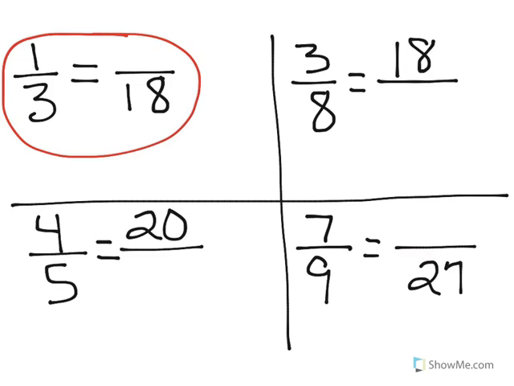In this case, I know both of my denominators. So let's see how we get from 3 to 18. Knowing my multiples, I know 3 times 6 gives me 18. So I have to do the same thing. It's like a scale. You have to balance it. I also have to multiply the numerator by 6, since I did the same thing to the bottom. So my missing numerator is 6.